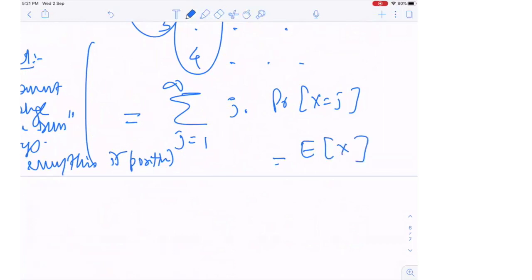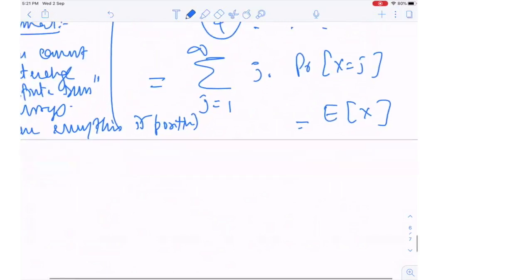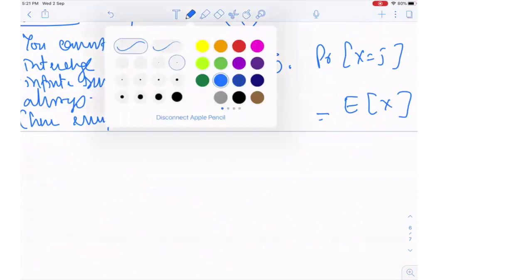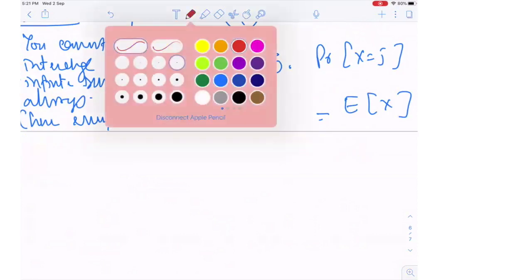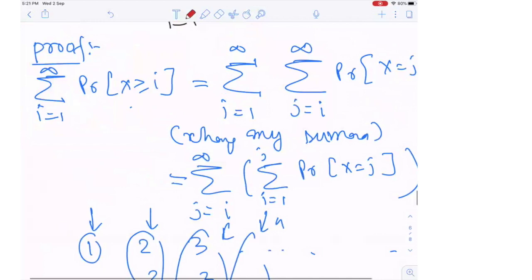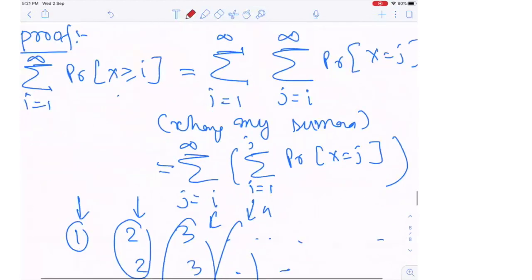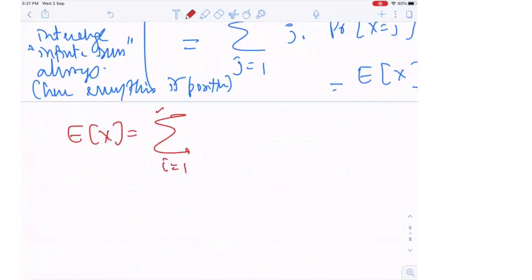Okay, so now let's try to compute from this formula. What do we get? The expectation of x is the summation i equal to 1 to infinity of the probability that x is greater than or equal to i. Now let's compute the probability x is greater than or equal to i.